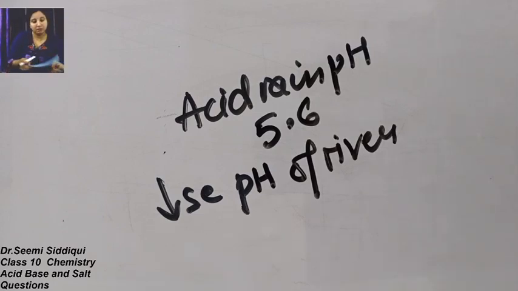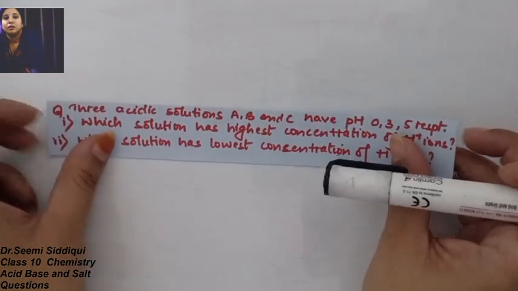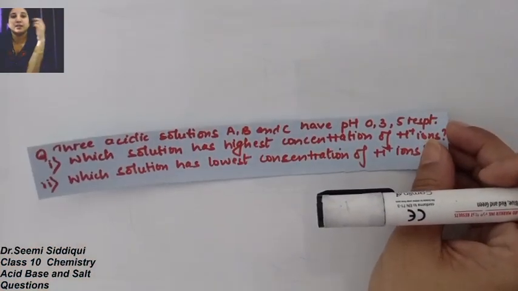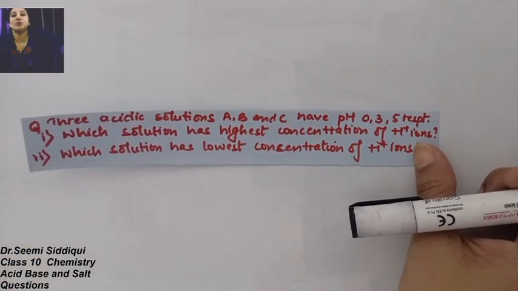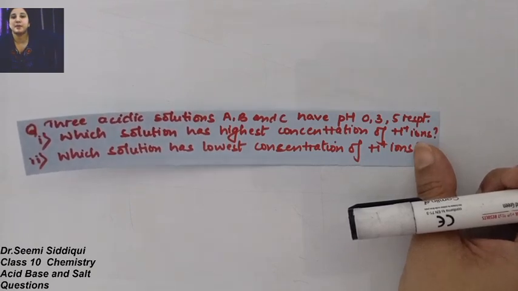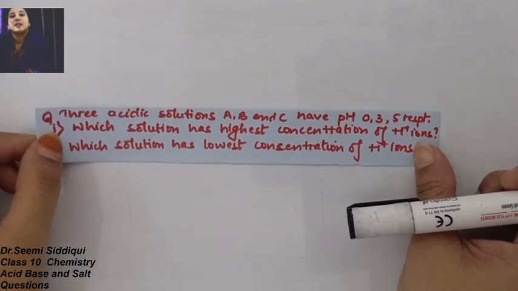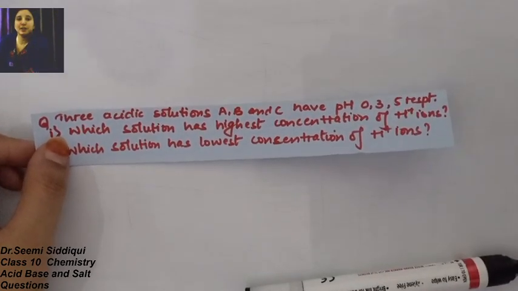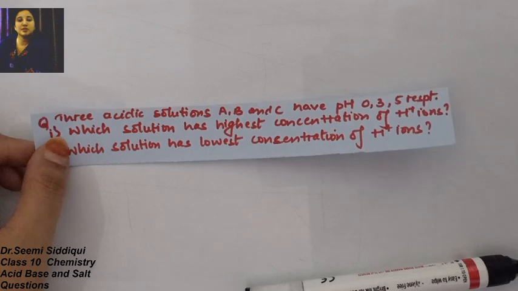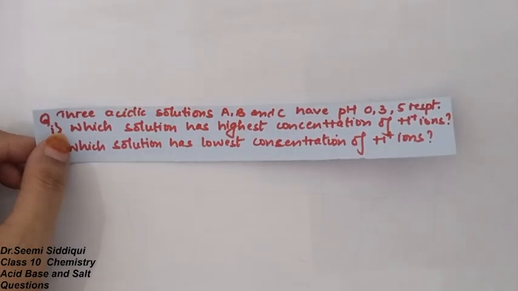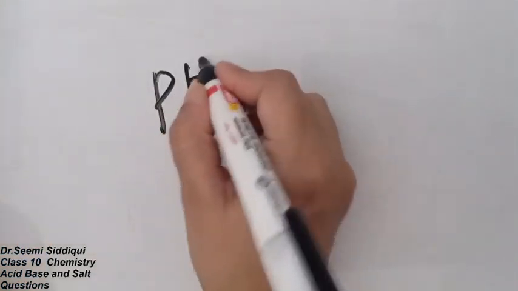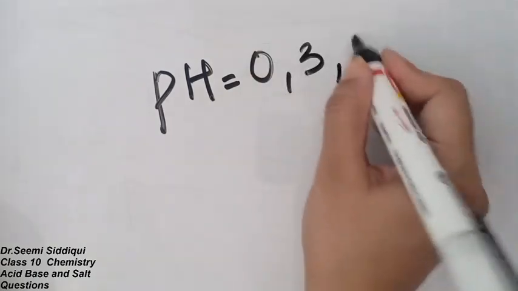Coming to the next question, question number 4. Three acidic solutions A, B and C have pH 0, 3 and 5 respectively. Which solution has the highest concentration of H+ ion and which has the lowest concentration of H+ ion? Looking here, the pH is given as 0, 3 and 5.